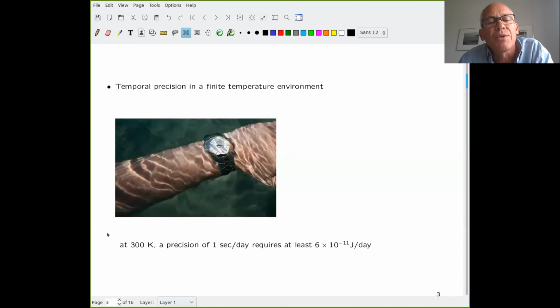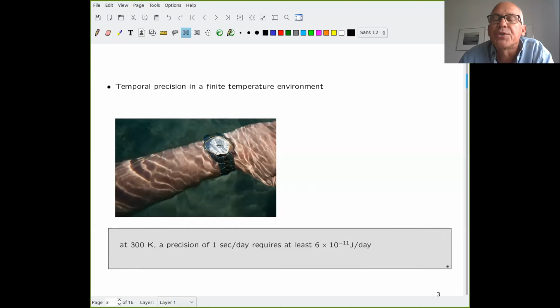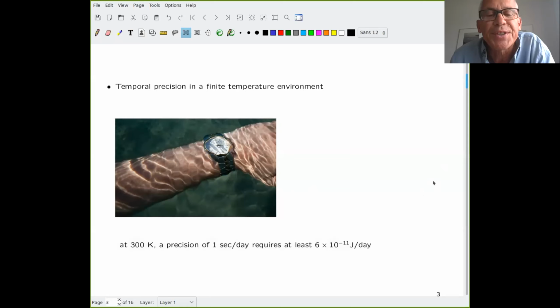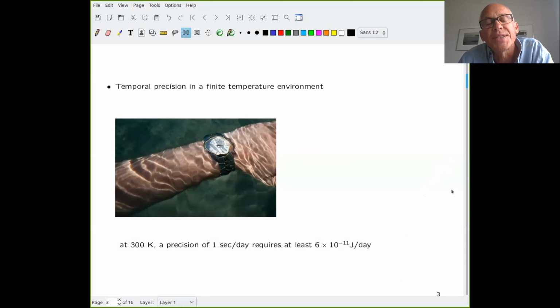And as you all know, today we know the answer. At 300K, if you want to measure, let's say, 1 day with a precision of 1 second, it will cost you at least 10 to the minus 11 joule during this day. If you see that for the first time, that's obviously an intriguing figure. And of course, as you know, it's a result of this thermodynamic uncertainty relation.